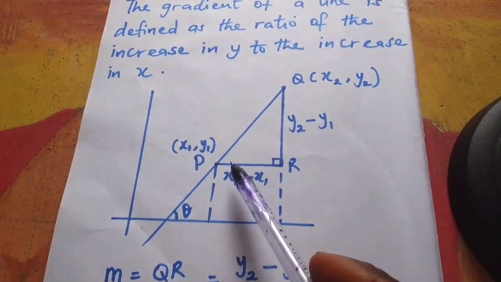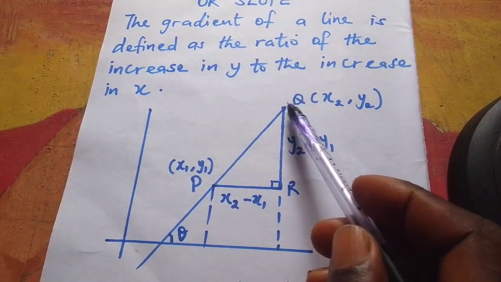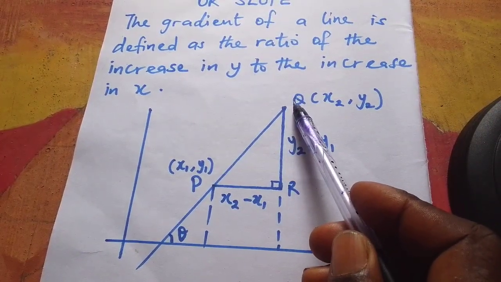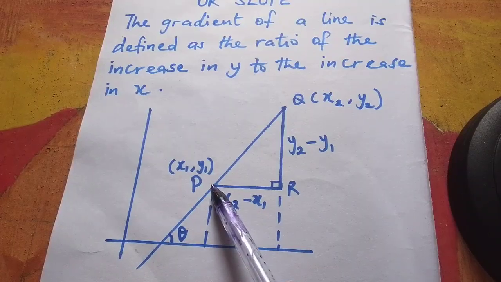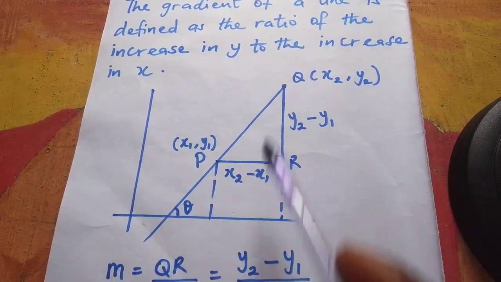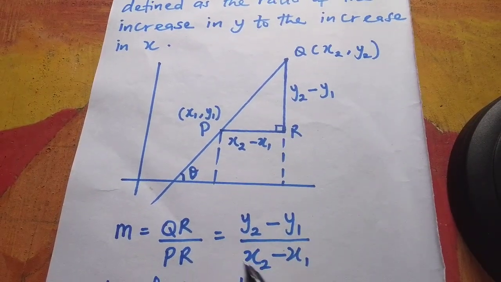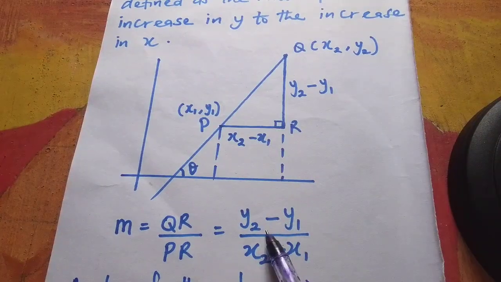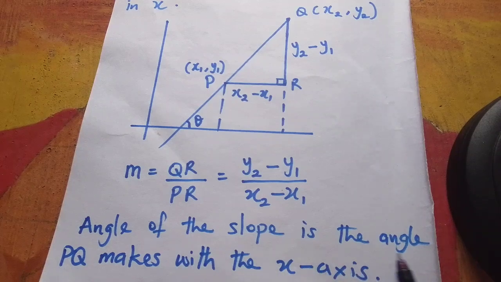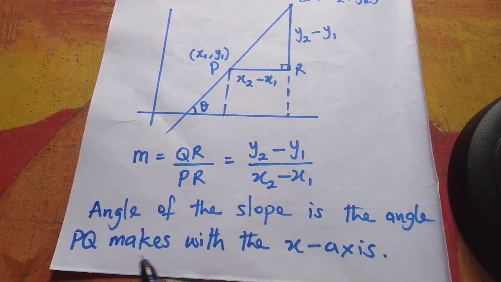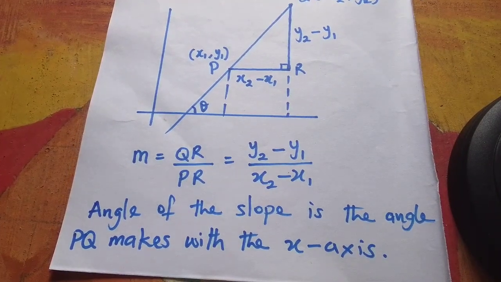So if you want to know the gradient of this line, what you do is get the coordinate of Q, get the coordinate of P, then substitute them into this formula, y2 minus y1 over x2 minus x1. The angle of the slope is the angle PQ makes with the x-axis.